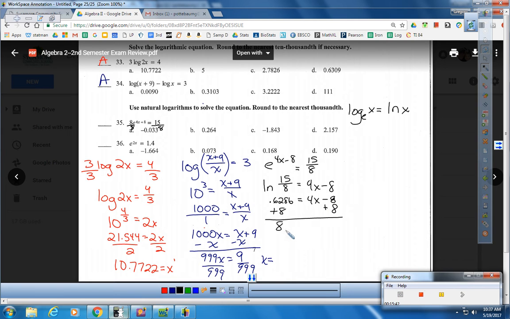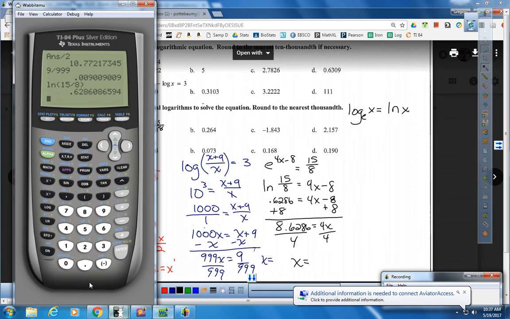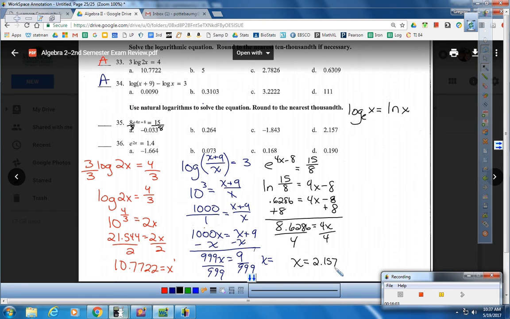So I get 8.6286 equals 4x. I will divide by 4, and I'll get what x is. Whatever that is divided by 4. So I'm going to add 8 to this, and then divide it by 4. And I get 2.157. So x is 2.157. That's D.